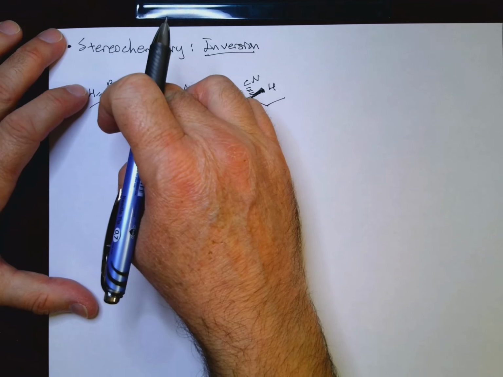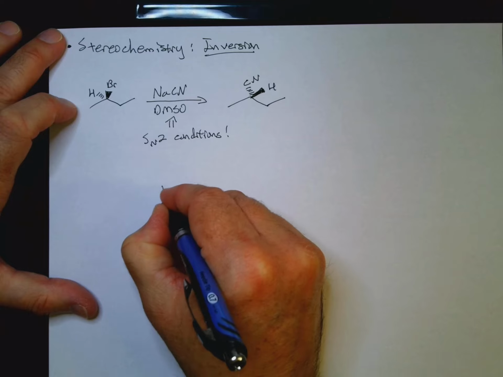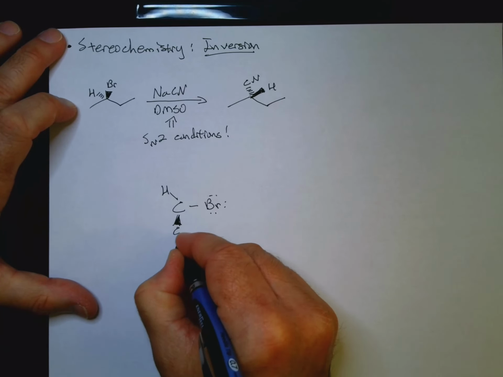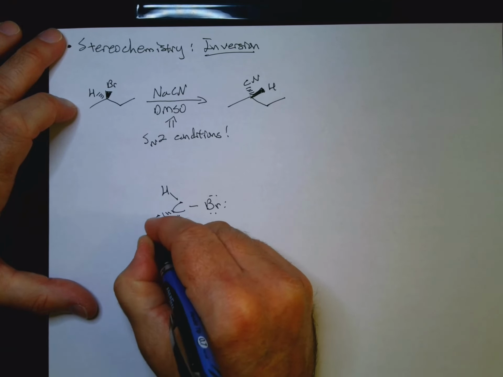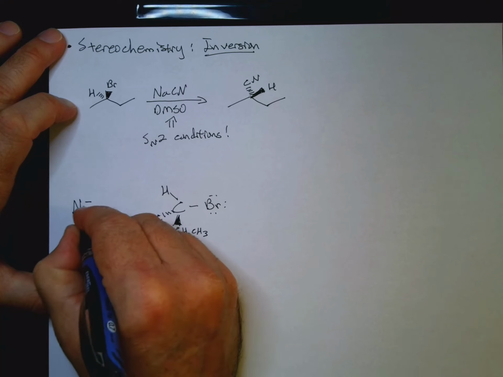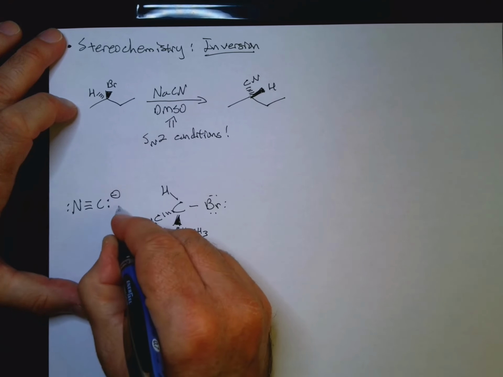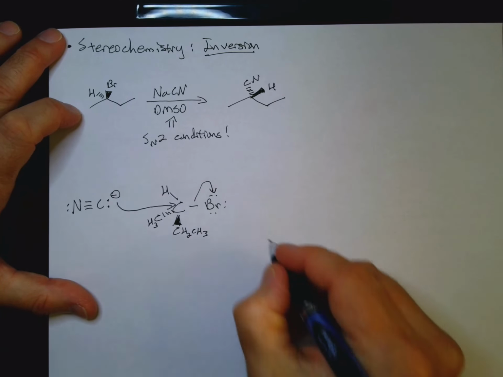Well, I'll just draw it like this: CH2, CH3, CH3. We get nucleophilic attack, the leaving group leaves.